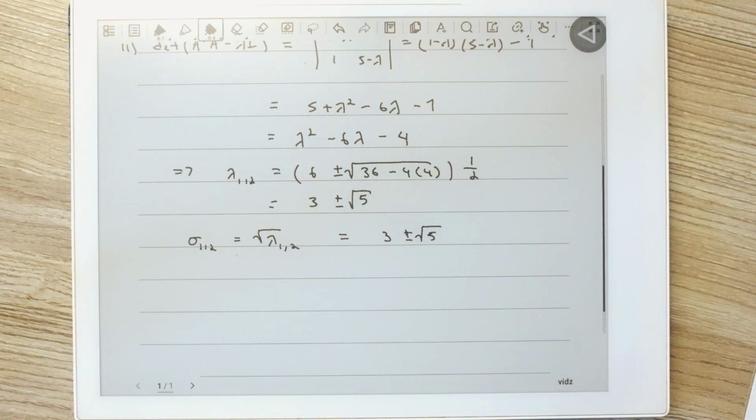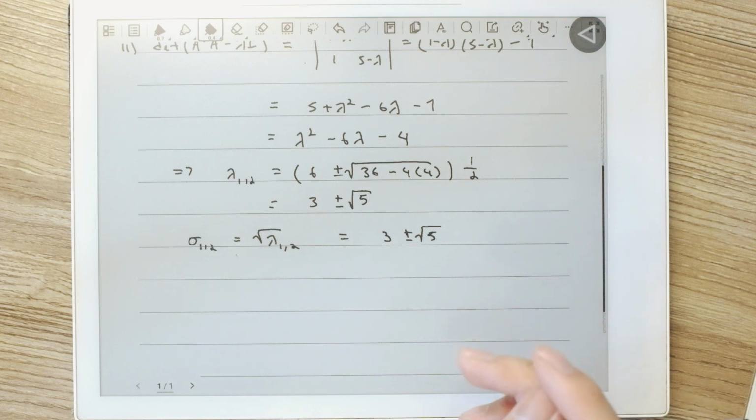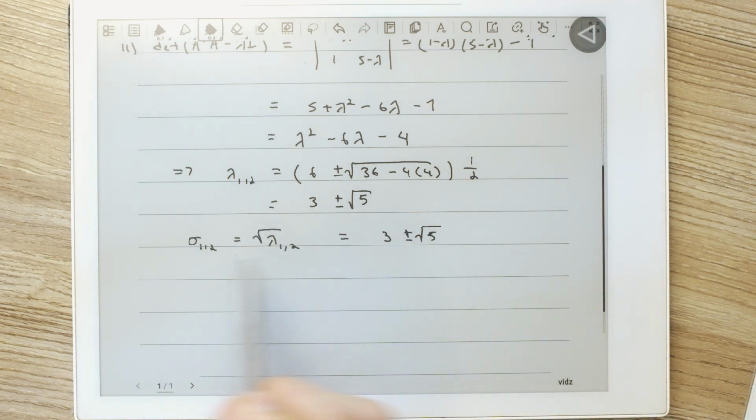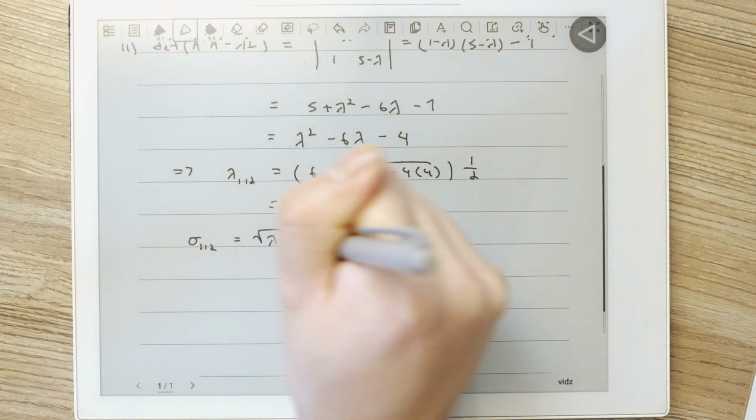And do note that our lambda values, our eigenvalues, are non-zero, and in fact they're both positive. So we take all the non-zero values and we take their square root, and so this is what we obtain.